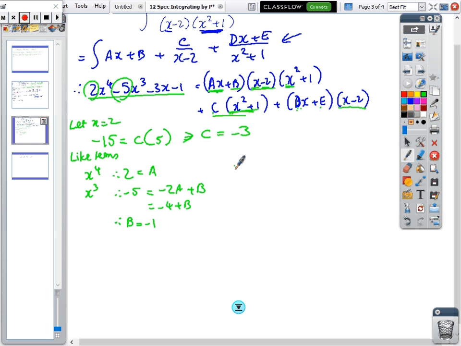Let's look at the x squared term, which so there's no x squared term, so there's nil, you can put that down. But we can actually use the x squared term because there's not one, so it's 0 equals. Now, can we get an x squared term out of the first bracket?